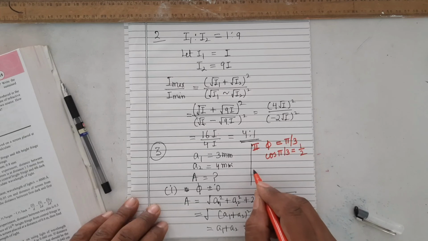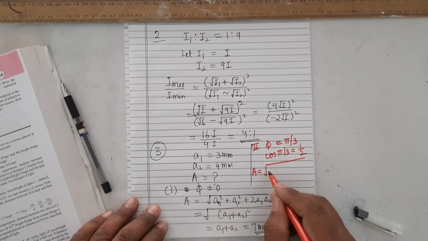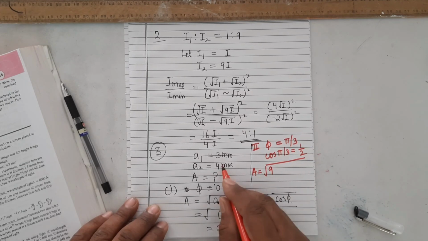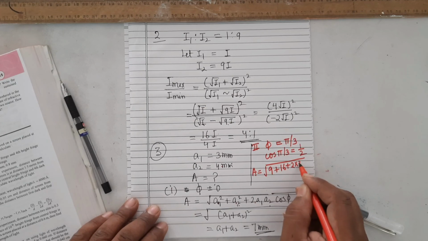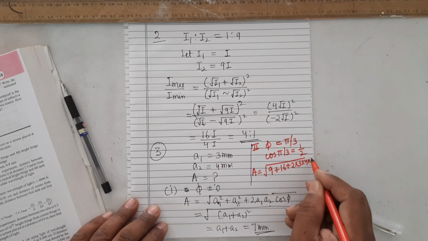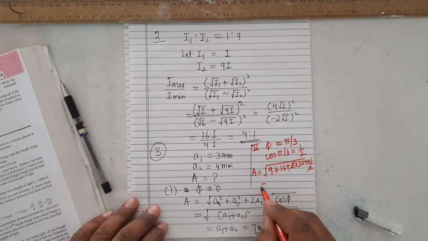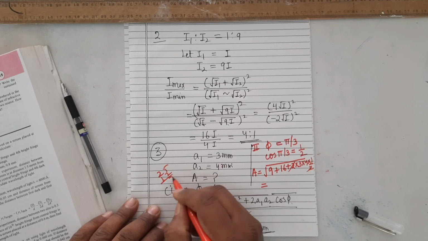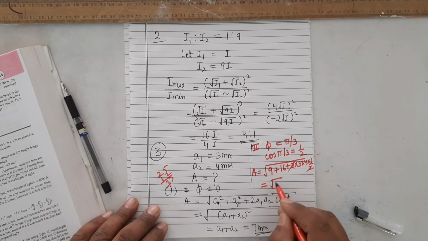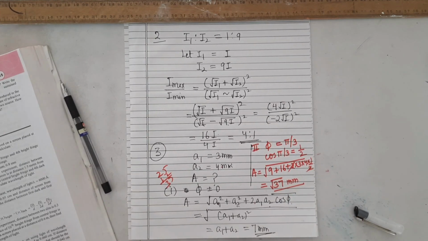So you substitute, A will be equal to, I am writing here, A1 square means 9, A2 square means 16, plus 2 into 3 into 4 into 1 upon 2. This will be cancelled. So 16 plus 9, 25. 25 plus 12, it is equal to root 37. Root 37 millimeter. It's clear.